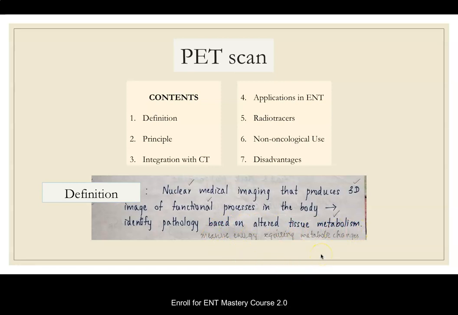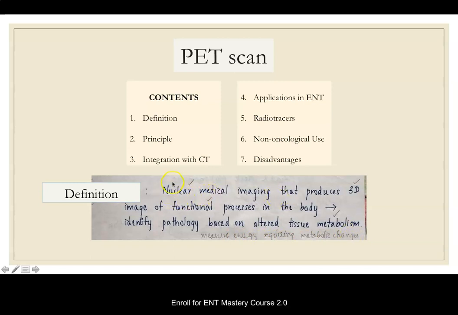So while writing the definition for PET scan, you need to remember: first, it is functional imaging, so it has to measure a functional process in the body. What is the functional process that it measures? Altered tissue metabolism. We are concerned about pathology. So it measures energy requiring metabolic changes, especially in pathological tissues.